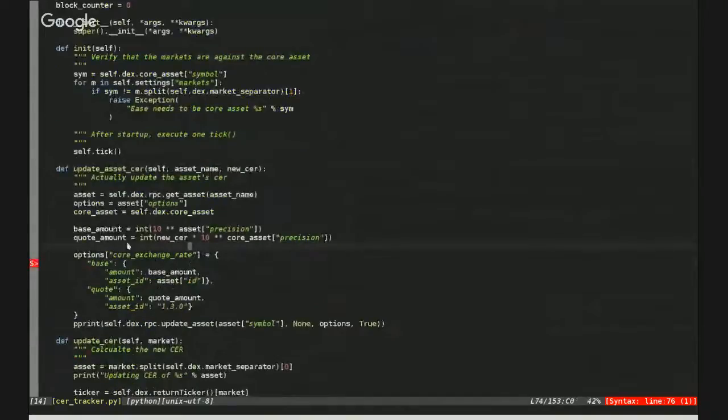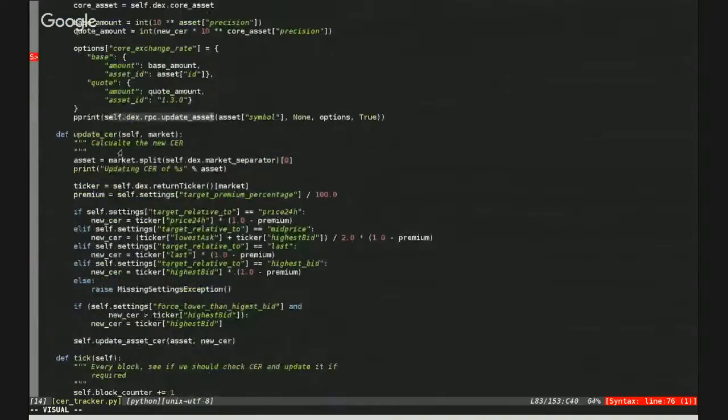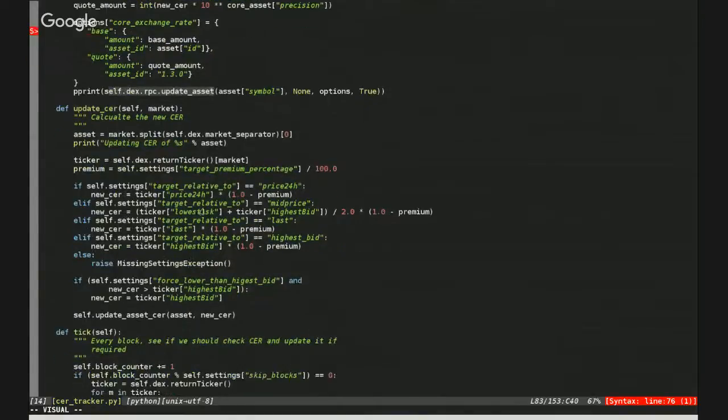Then there is something that is actually doing the update of the asset, like constructing the options, like for executing a call in the CLI wallet. Then there's lots of calculations, depending on the parameters you have.